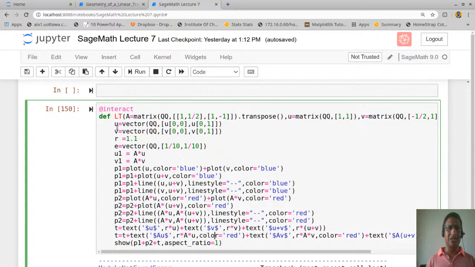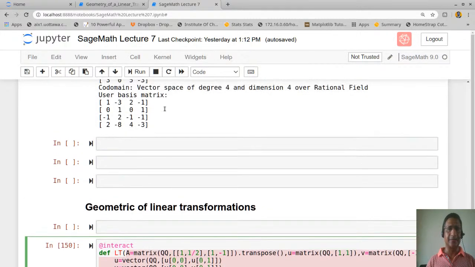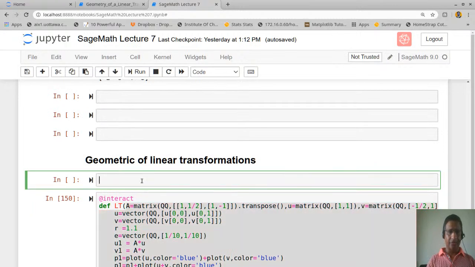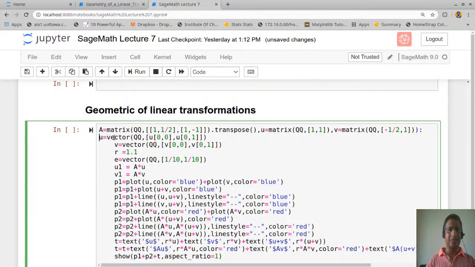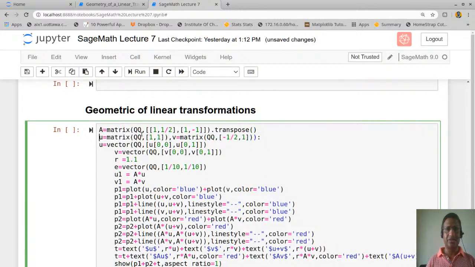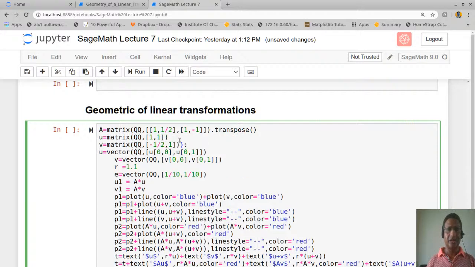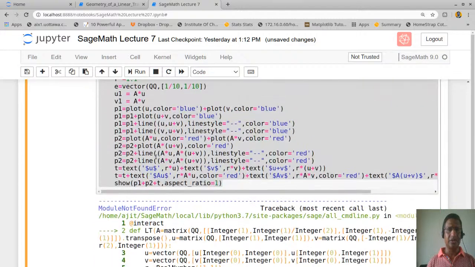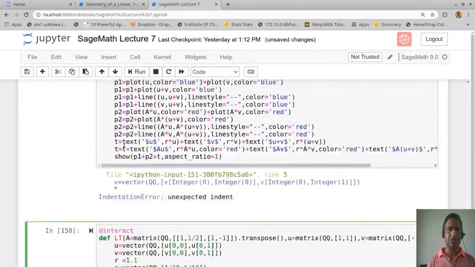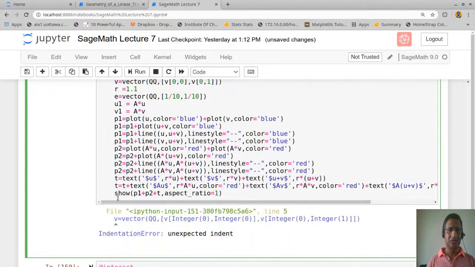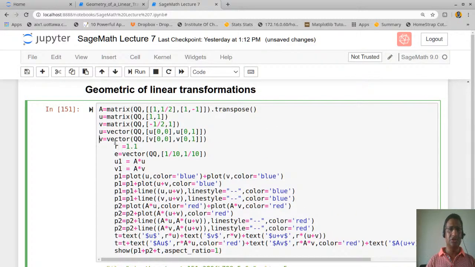Okay, so what I will do is copy paste here outside this interact. Okay, so let us see. Let me delete. So A is this, B, V is this. I have to remove this colon, inner vector. Okay, I have to remove these extra spaces.